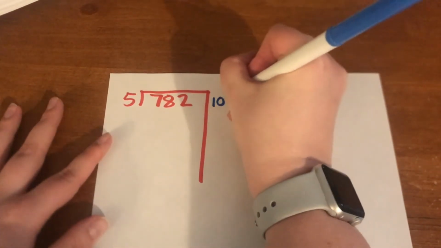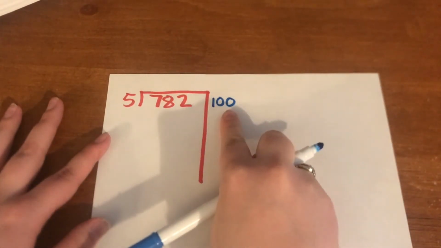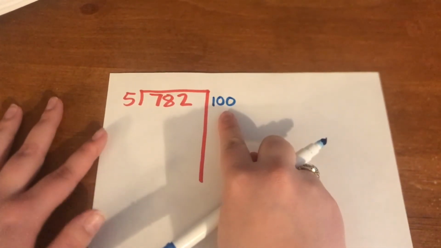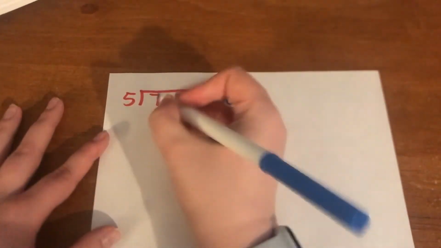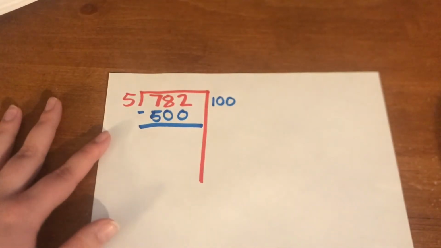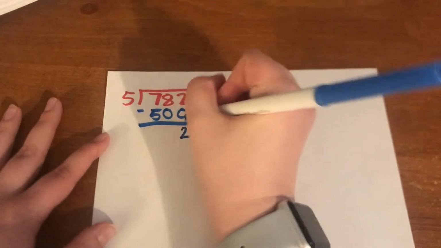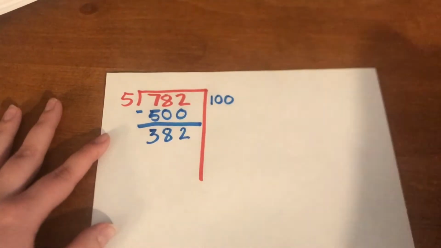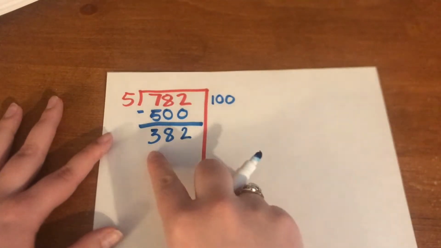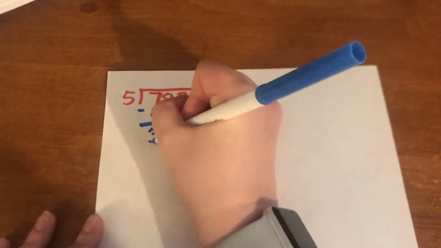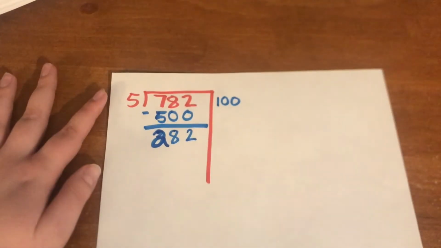But I could add a 0 to that 10, and now I could be thinking of 100 groups of 5 would be 500 I could take out of that. So now I have 282 left, excuse me.